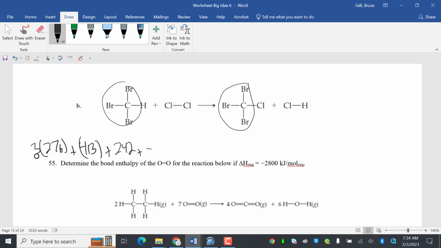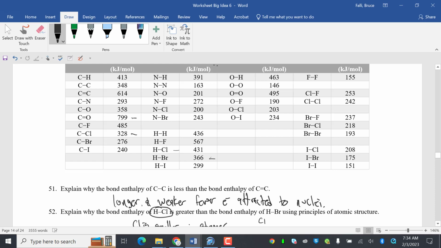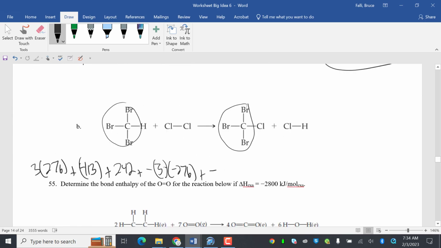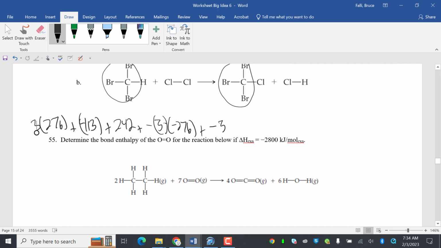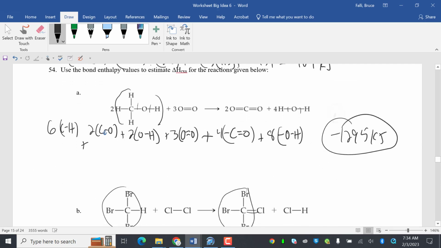So that's going to be plus 3 times negative 276. A C to Cl, I don't have one of those, plus negative C to Cl. C to Cl is 328. And then C to H plus negative 413.